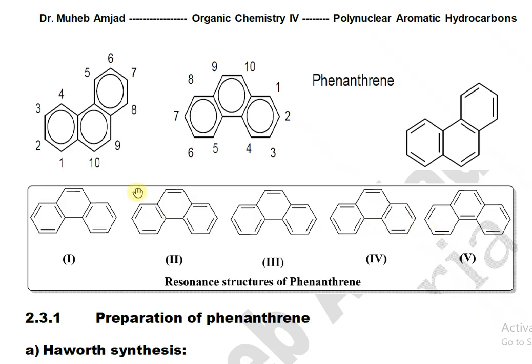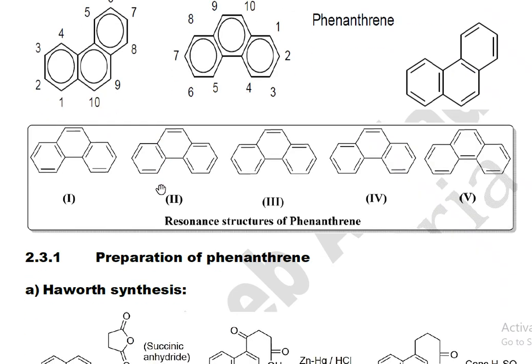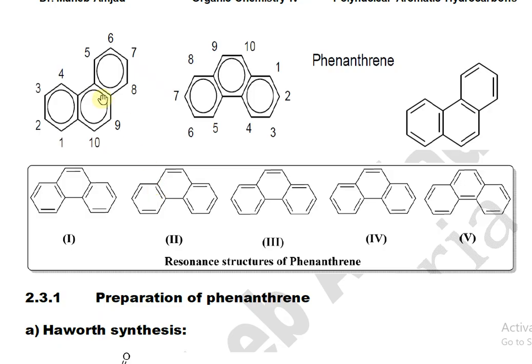Again, don't forget the numbering for phenanthrene: 1, 2, 3, 4, 5, 6, 7, 8, 9, 10, like that. How many bridged carbon atoms do we have here? 1, 2, 3, 4. 4 carbon atoms are bridged in the phenanthrene compound.